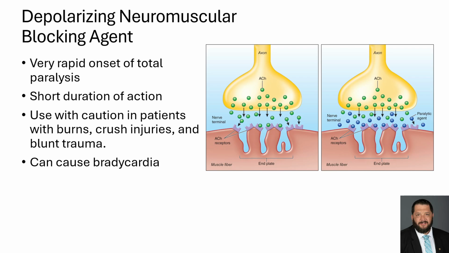And you should also use caution with patients who have a history of malignant hyperthermia or belong to the Lumbee Indian tribe. This can also cause significant bradycardia with the muscular fasciculations, as it can stimulate the vagus nerve, which can subsequently cause additional vasodilation and bradycardia.